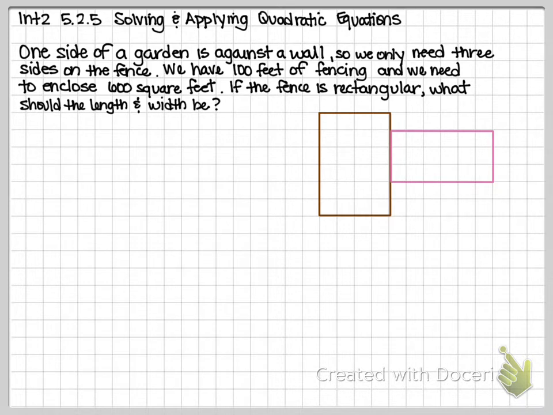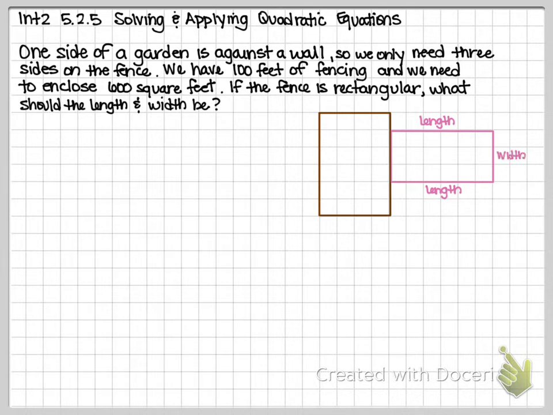So if I go back to my picture, I want to make sure that the portion right next to the house does not have any fence. The only thing that I'm looking at would be this here and here. I do want to build it in the shape of a rectangle.